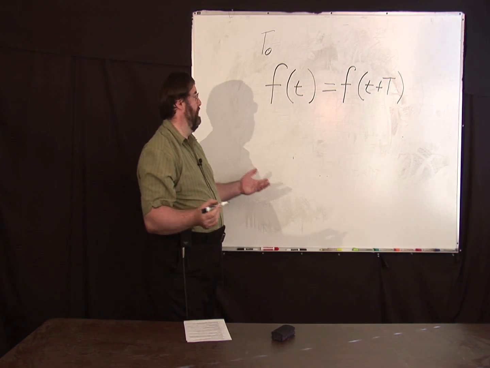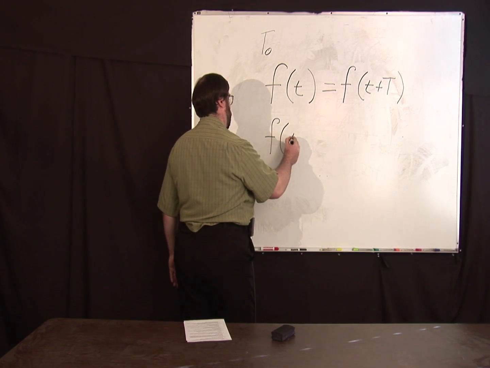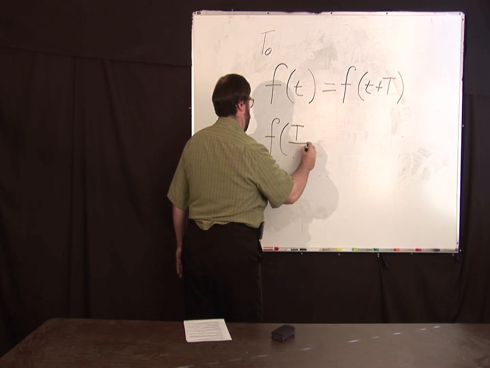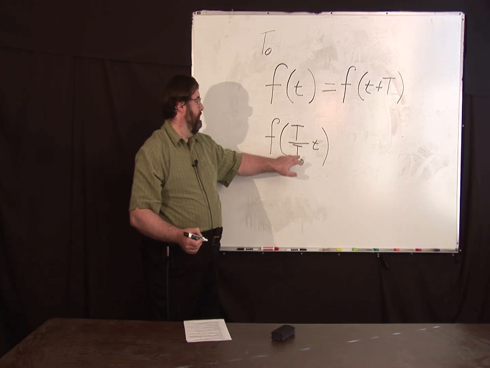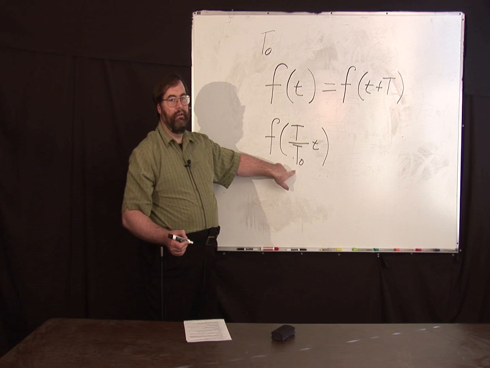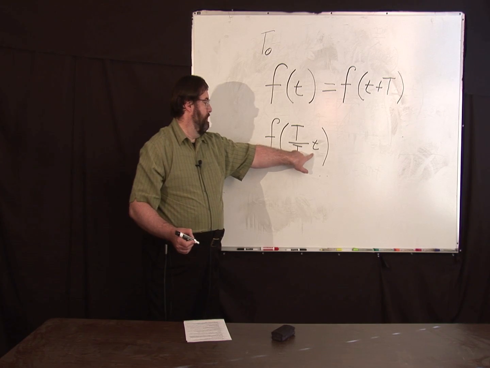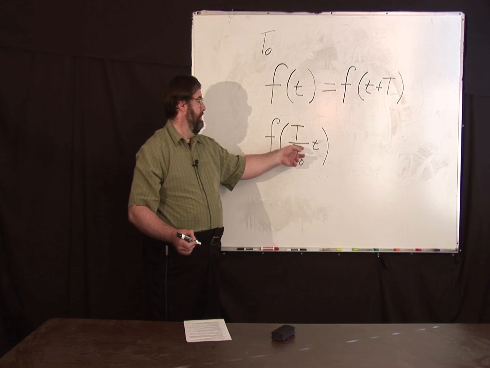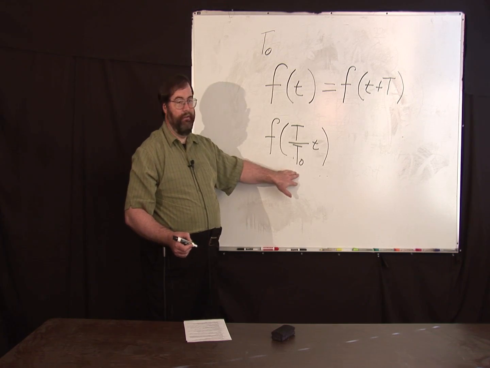Well, a function that has that property would be f of t over T0 times capital T. Because, as you can see, when t equals T0, it equals capital T. It equals this value here. So from 0 to T0, f of 0 equals f of capital T. So this actually is a function that has period T0.